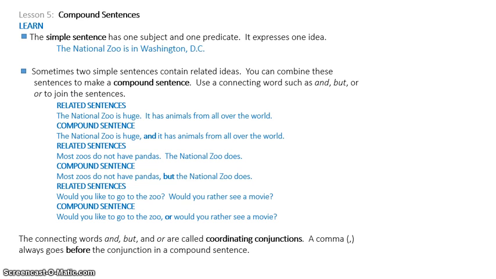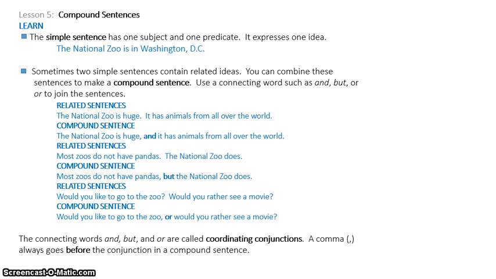So this is a very simple way to fix some of those very short, choppy sentences. Now, you also need to fix them by adding adjectives and adverbs and more vivid verbs and things like that. But the quickest fix is to make it into a compound sentence. So you're going to take related sentences and combine them.